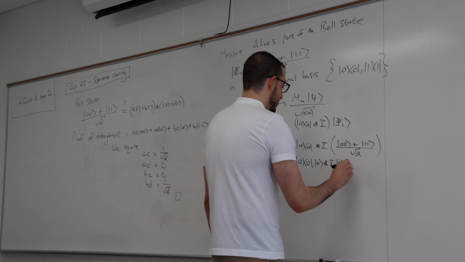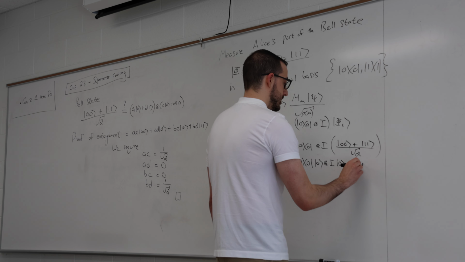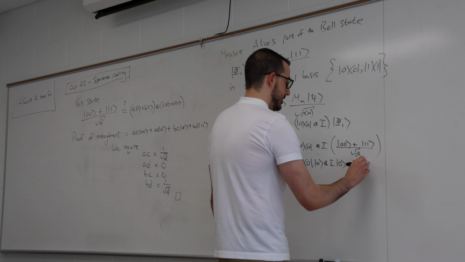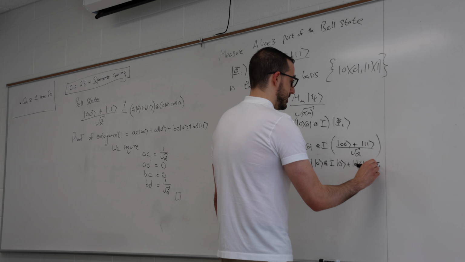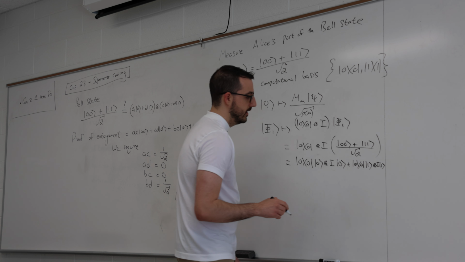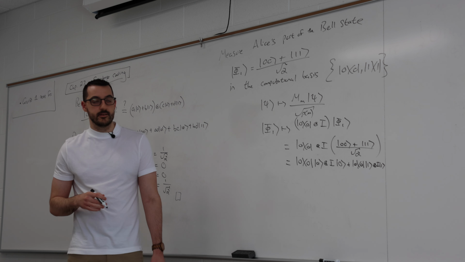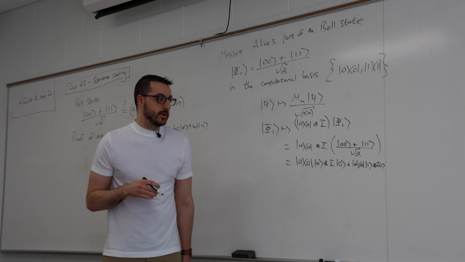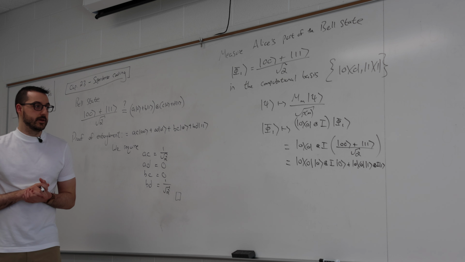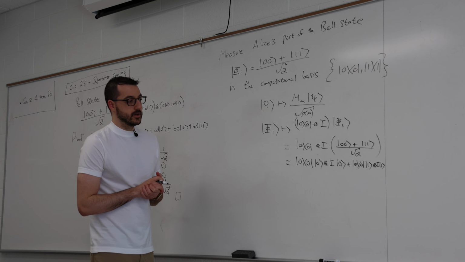And then the same thing over here, plus |0><0| acting on 1, tensor identity acting on 1. And I'm going to omit that 1 over the square root of 2 because it won't really matter for the punchline of the story here.